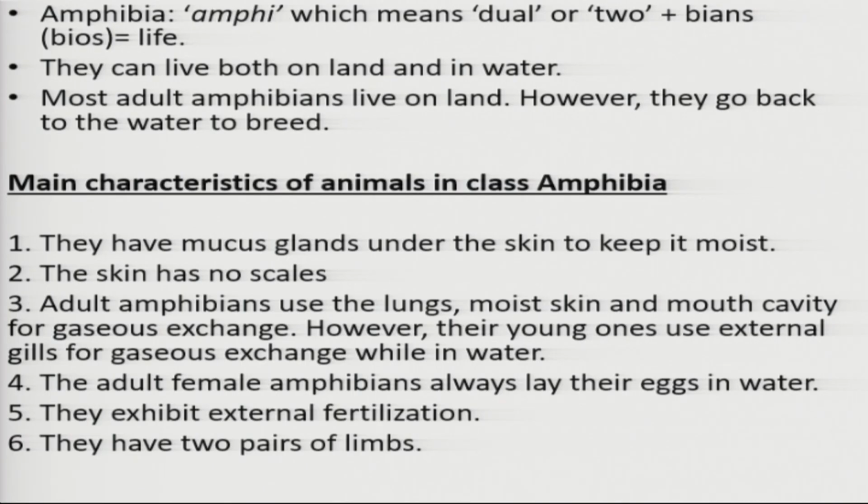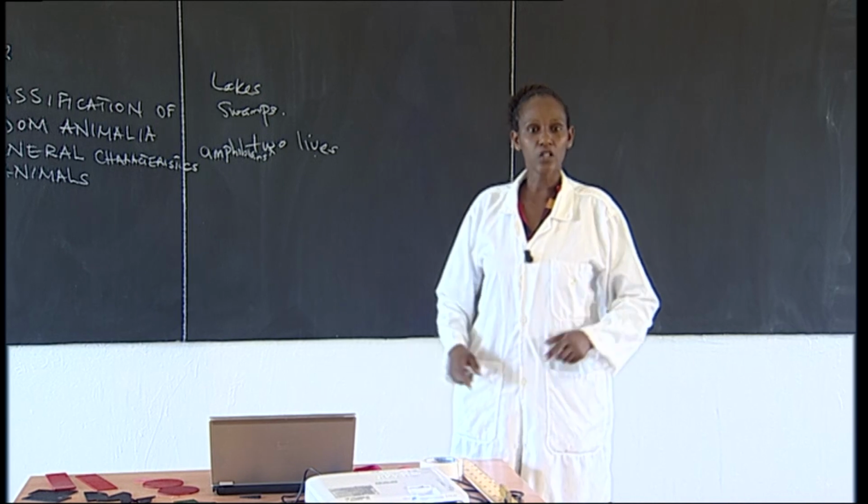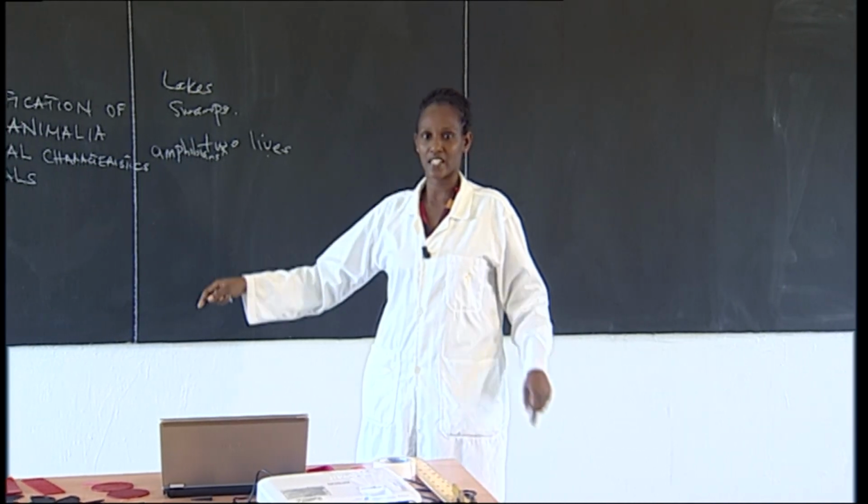Another characteristic: the adult female amphibian lays eggs in water. Then it goes away. The male will come and fertilize the eggs. That one we call external fertilization.